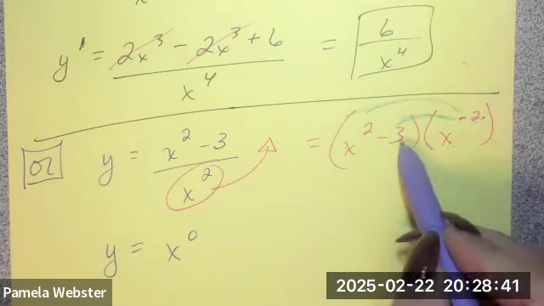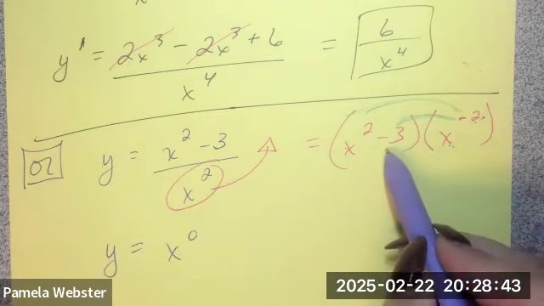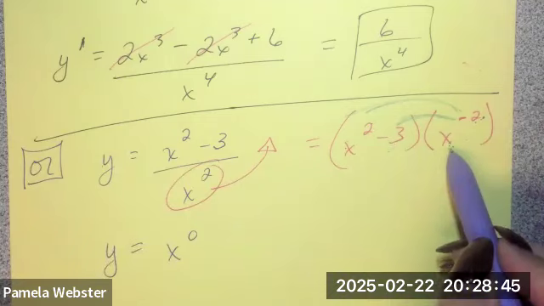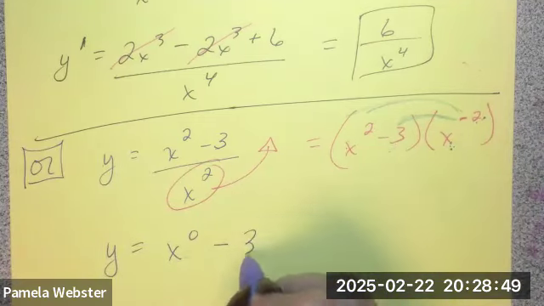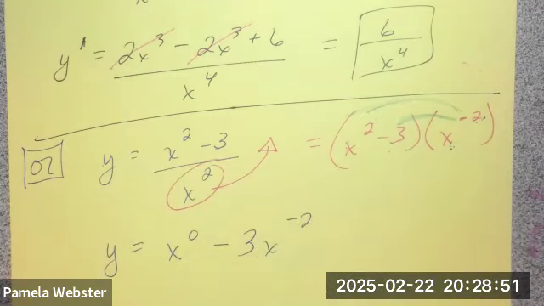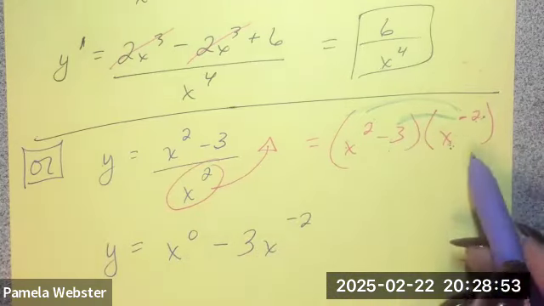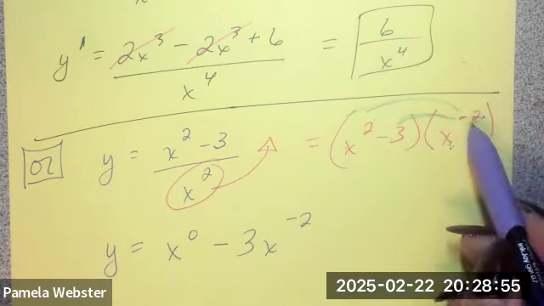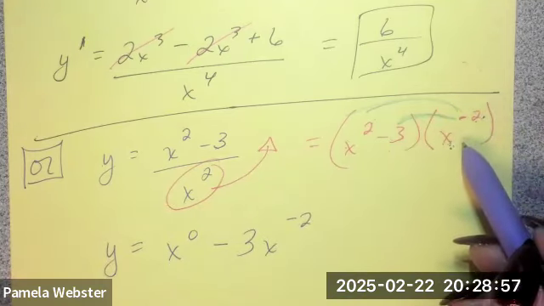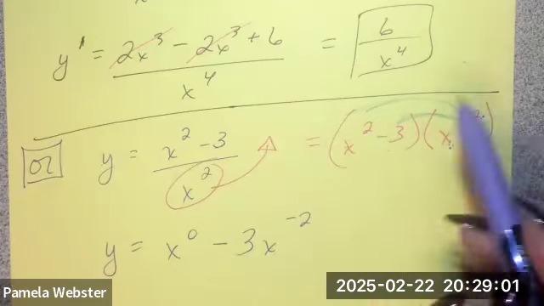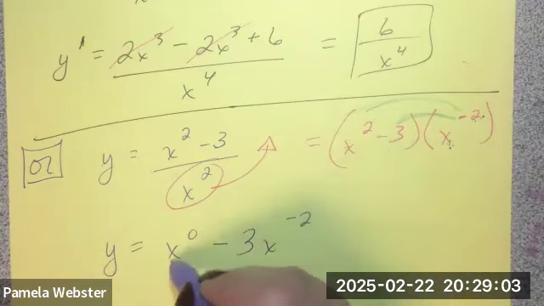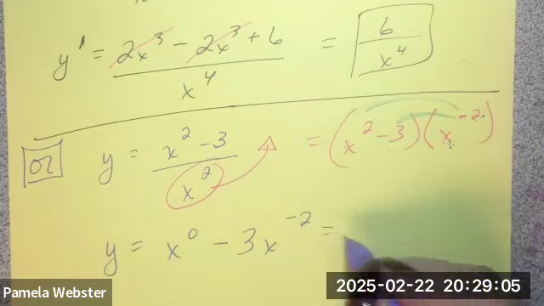And then here, same difference, but I'm going to go minus 3 times x to the negative 2. I feel like I just missed something. Hang on. I'm sorry. Negative 3 x to the negative 2. Let me make sure. Multiplying like bases, you're adding. I think that's right. So that's going to become a 1, right? Okay.